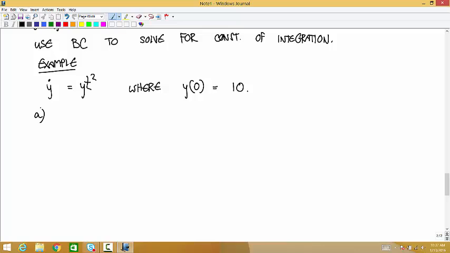First, is it ordinary or partial? Yep. What's the independent variable? T. What's the dependent variable? Yep, we're looking for the function y of t.